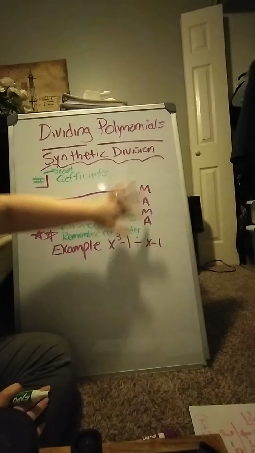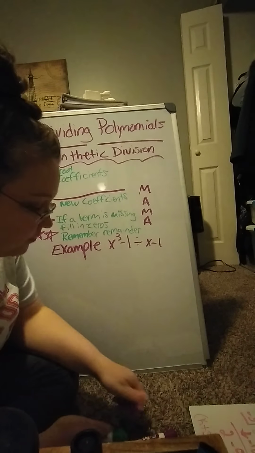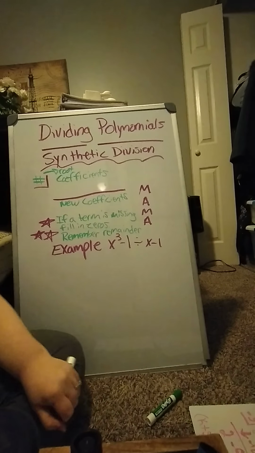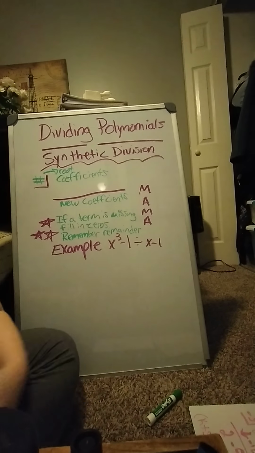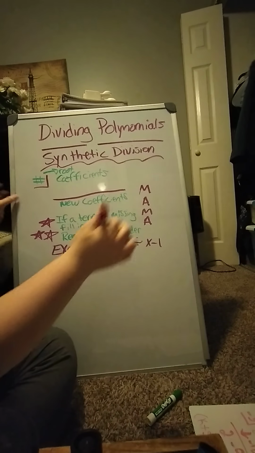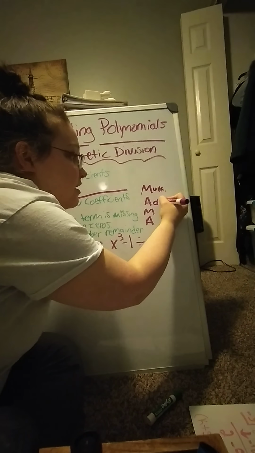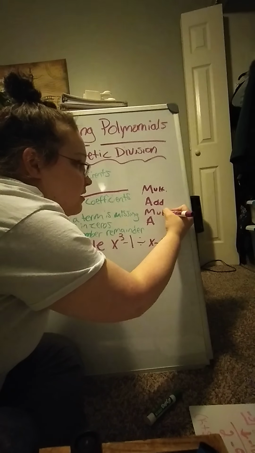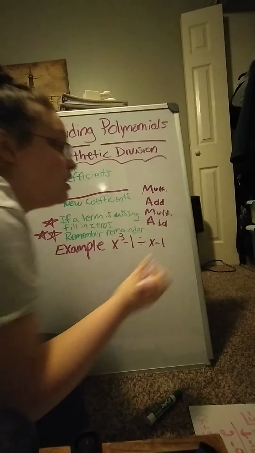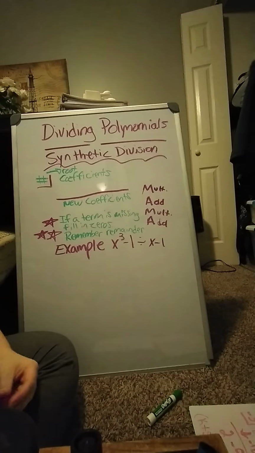You see this off to the side where it says MAMA? That is an acronym for the steps that you have to do. As we go through this, we are going to repeat multiplication and addition. So we multiply, add, until we get all the way to the end. Okay?